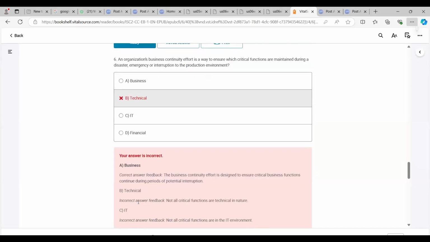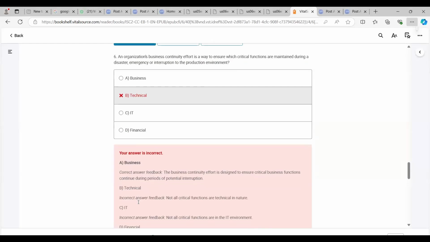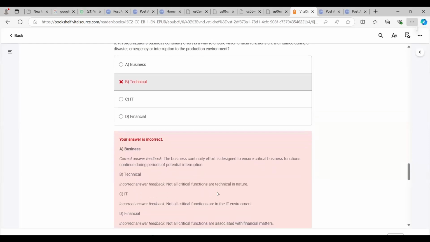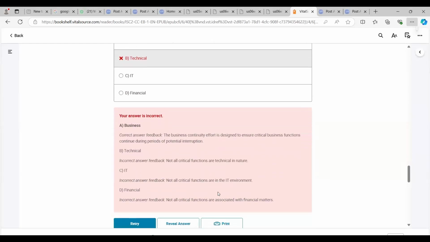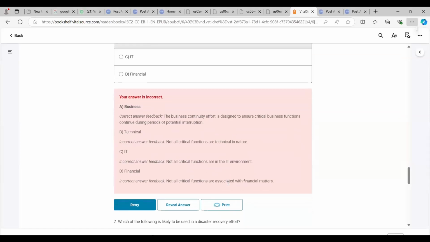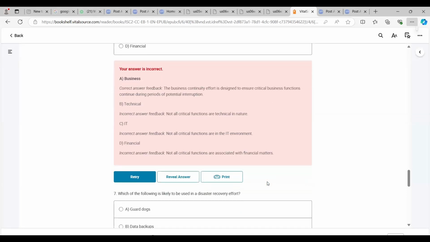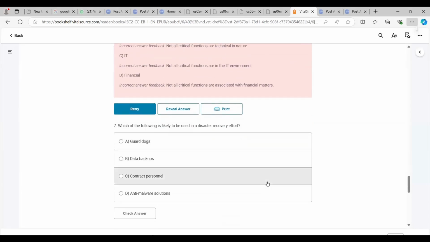So it's business because they own or house the most critical assets of that organization. It cannot be technical, because not all critical functions are technical in nature. It cannot be IT, because not all critical functions are in the IT environment. It cannot be financial because not all critical functions are associated with financial matters. But business, like core business, houses the most critical part of the organization.